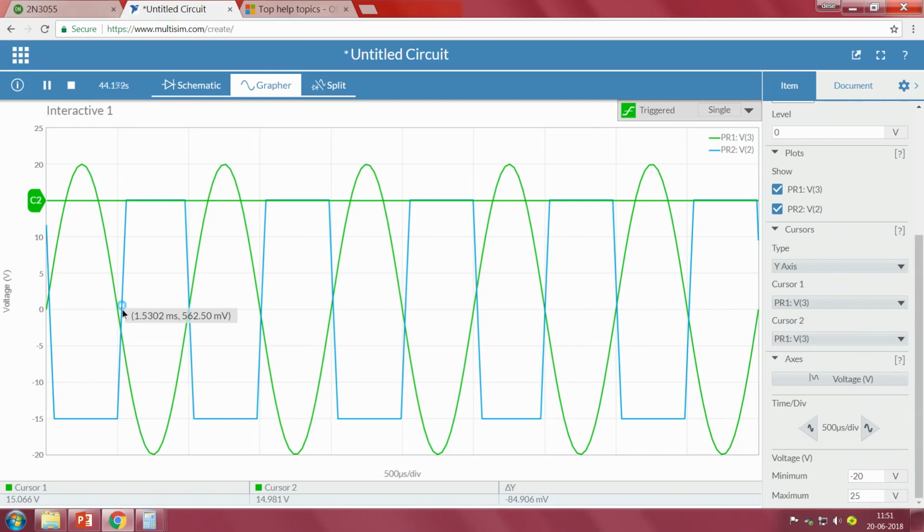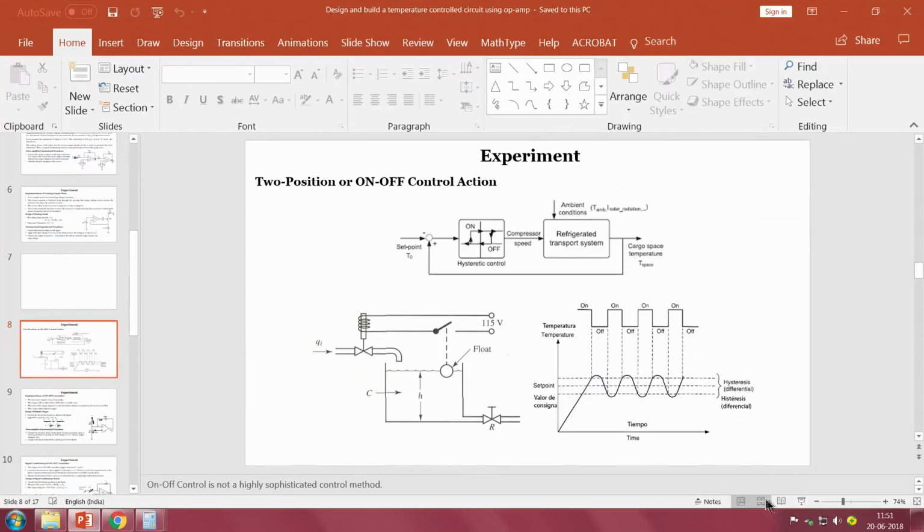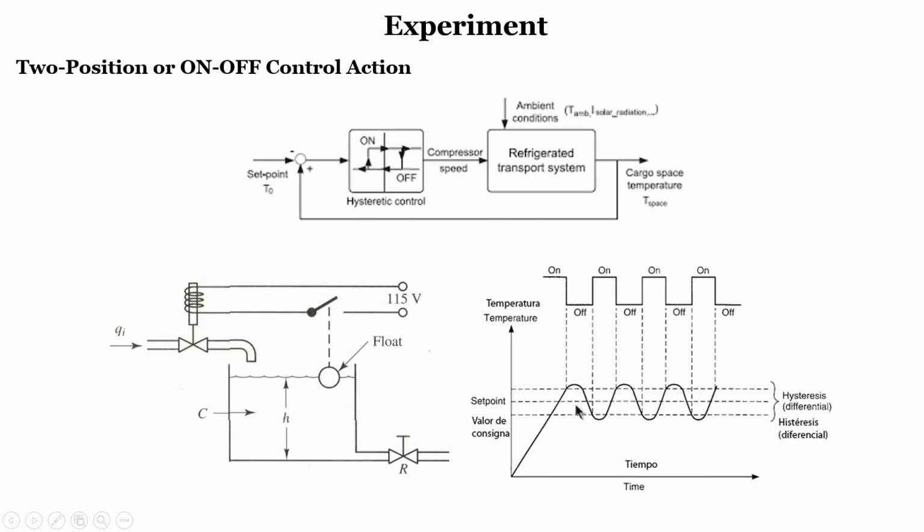But another problem is that when you observe the diagram we have seen, these are your two thresholds, and your output always fluctuates between these two ranges, higher threshold and lower threshold. As long as this range is okay, we can go with an on-off controller.